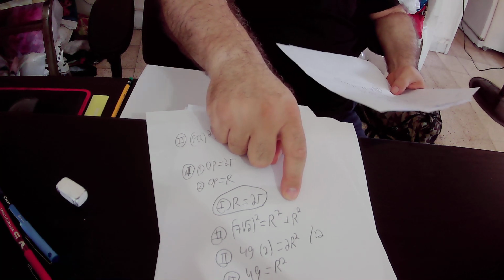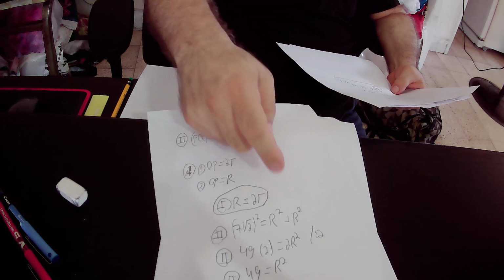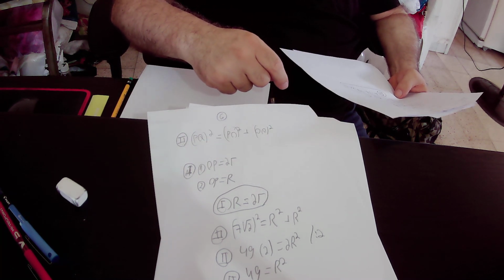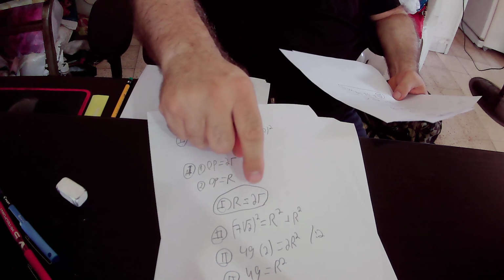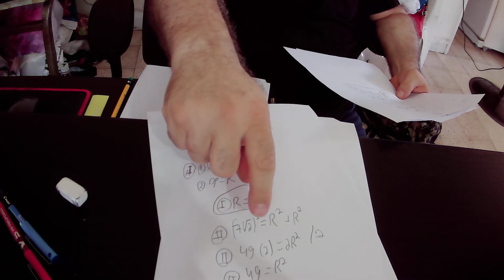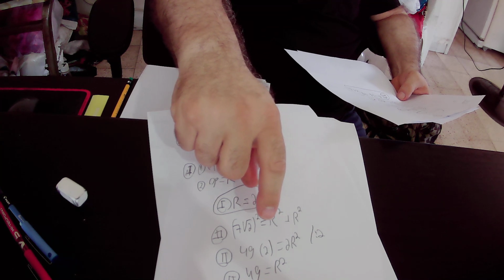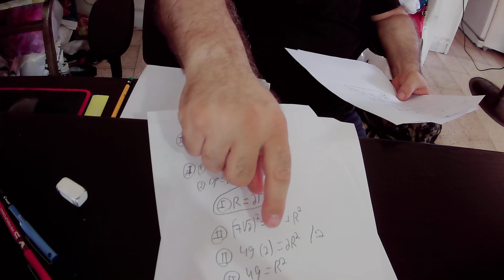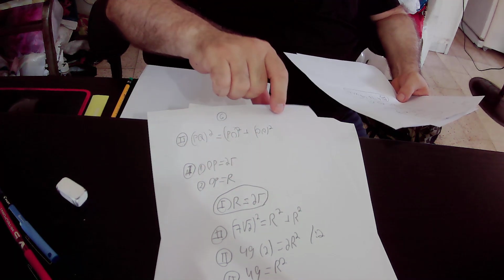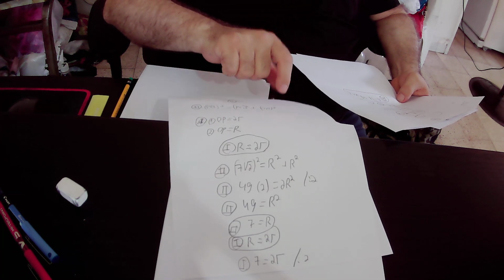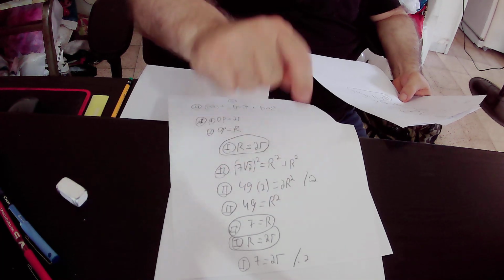Both of the perpendiculars equal R, so it is R squared plus R squared. And we actually found that the value of R, the radius of the semicircle, capital R, equals 7 units, but we already know that capital R equals 2 times small r.